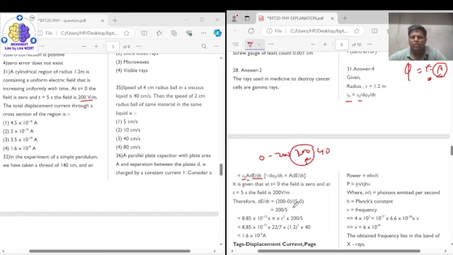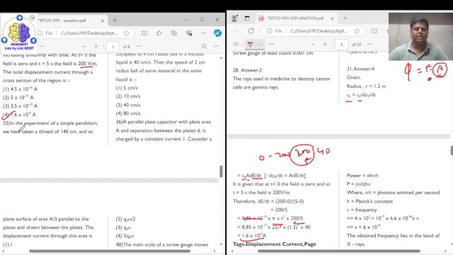So putting the value of epsilon naught and area and dE by dt, solving it we get displacement current as 1.6 10 to the power of minus 9 ampere, which is your option 4, right? So the correct answer for question number 31 is option 4. The formula used over here is displacement current is epsilon naught into d phi E upon dt, and d phi E upon dt can be written as A into dE by dt, and dE by dt is being given in the question, right? Coming to question number 32.